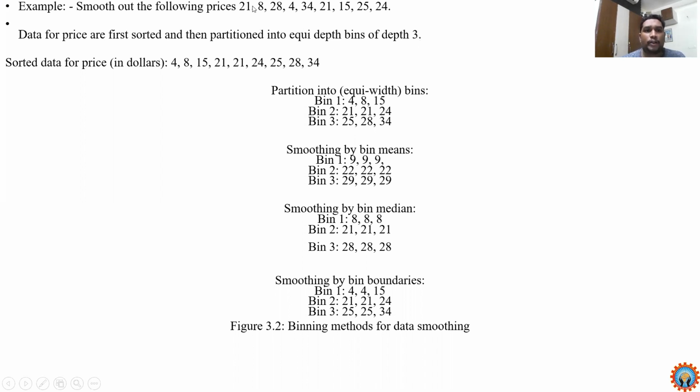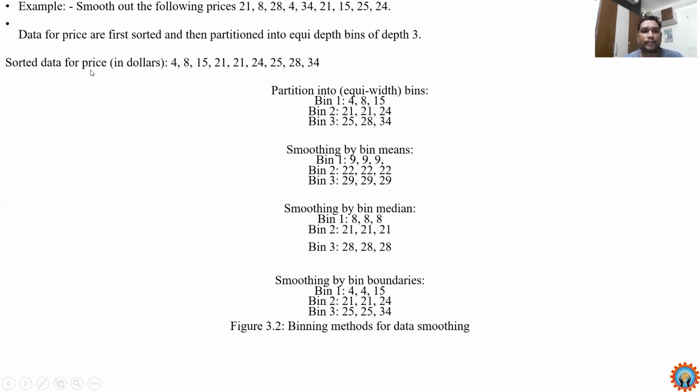For example, you have 1, 2, 3, 4, 5, 6, 7, 8, 9, so 9 values are calculated with equal-depth bins of depth 3.